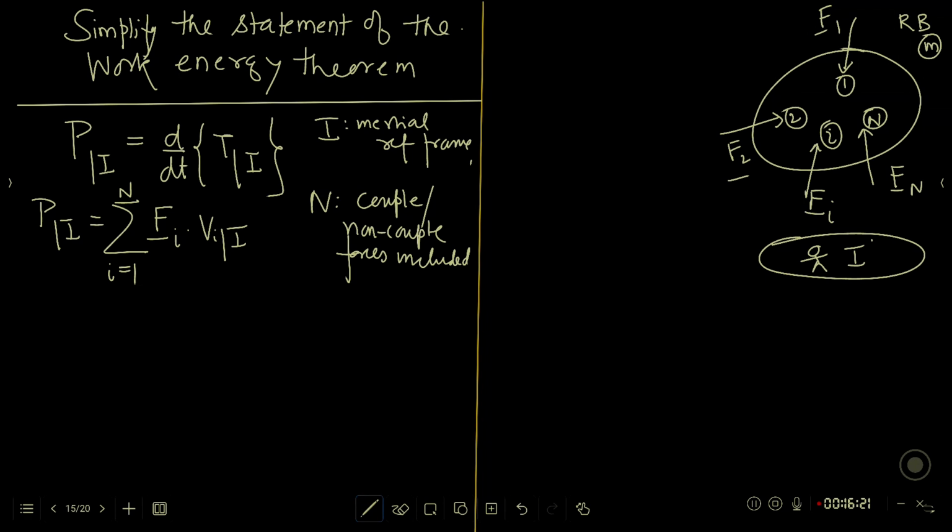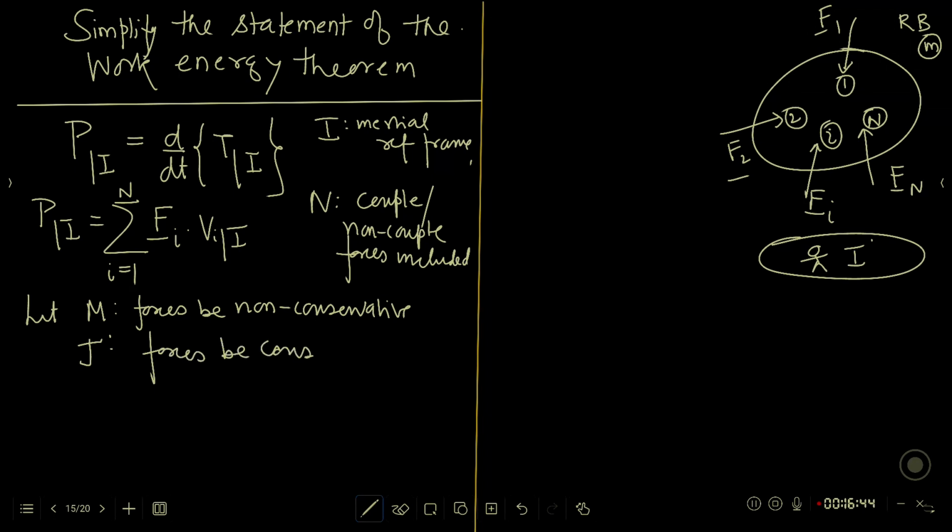Now let us say that out of n forces acting on the RB, let m forces be non-conservative and j forces be conservative.